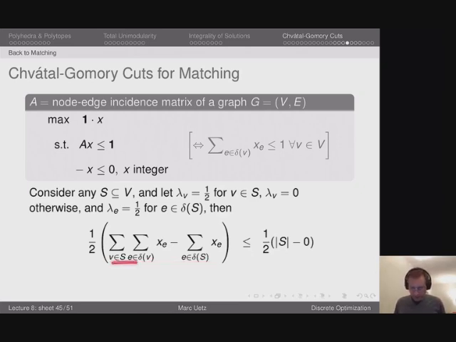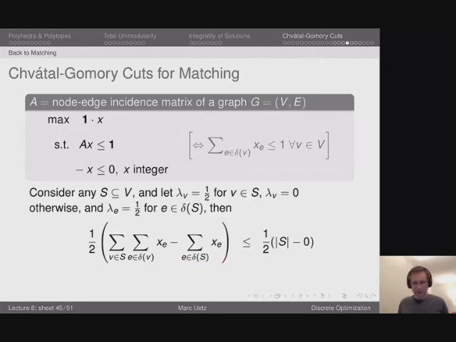Here I'm counting all the edges which completely lie inside S twice, once from both endpoints. The edges that lie in the cut also appear in the sum here, but only once. The edges in the cut have one endpoint inside S, and from that endpoint we are counting the corresponding edge once. And this corresponding edge is subtracted here again.